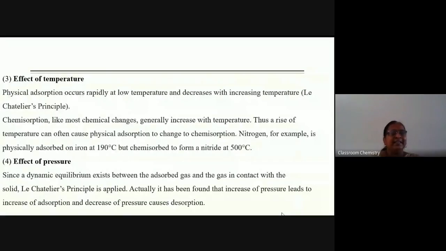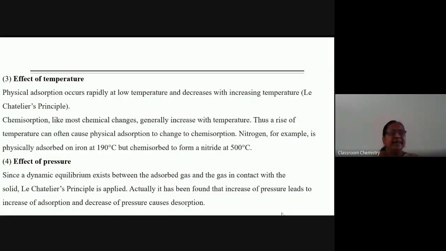And also we have seen that the more easily liquefiable the gas is, the more will be the extent of adsorption. That is, higher the critical temperature of the gas, extent of adsorption will be greater.